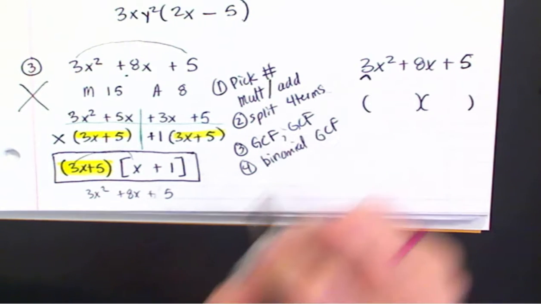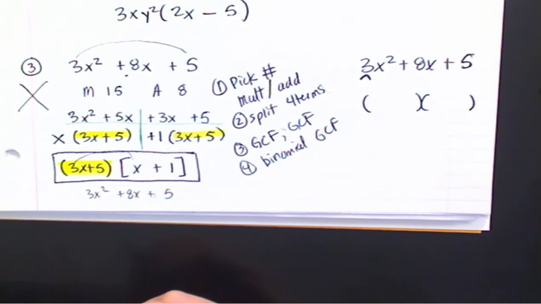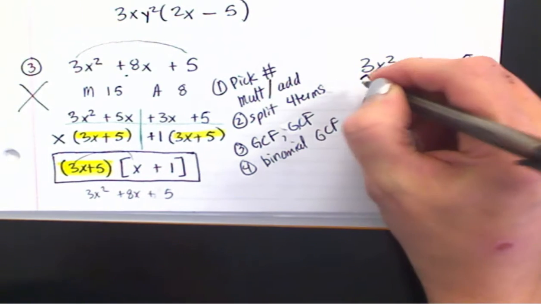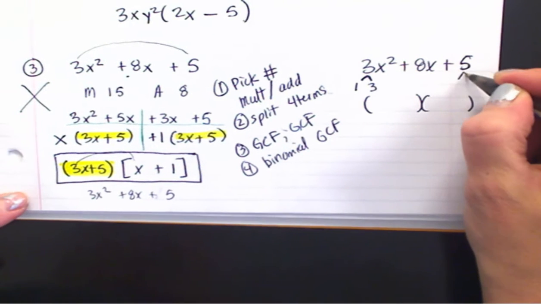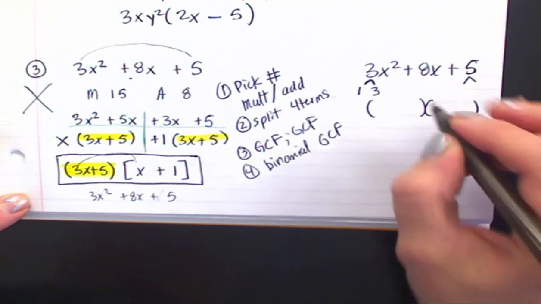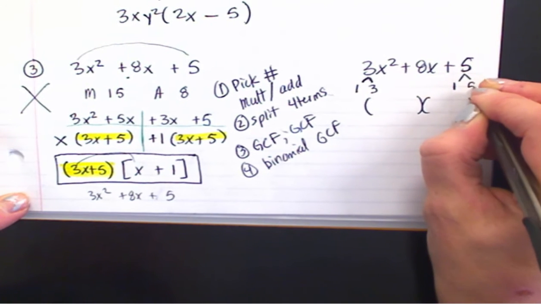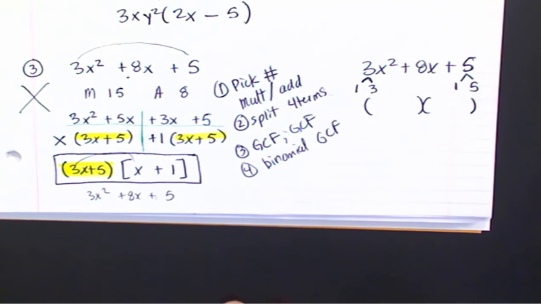Underneath the 3, I would like you to write down the numbers that multiply to 3. It's just 1 and 3. Right? There's only one choice. It's a prime number. Second, underneath 5, I would like you to write down the numbers that multiply to 5. It is also a prime number. Okay, think about what factoring and multiplying does.